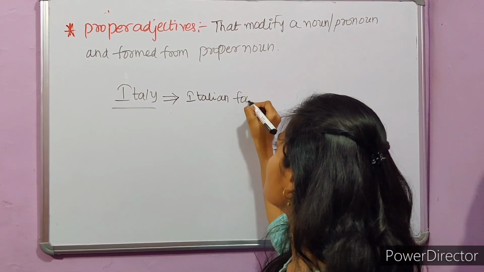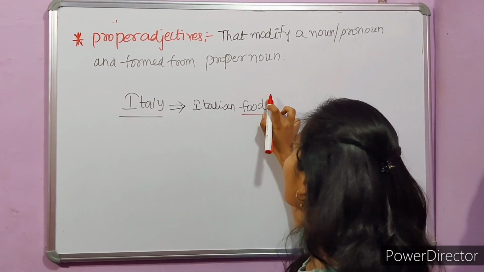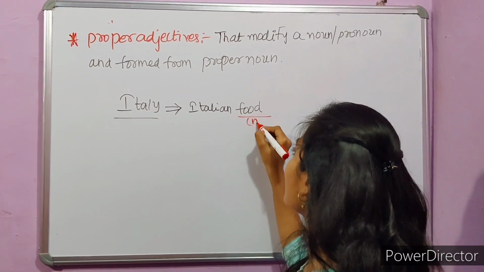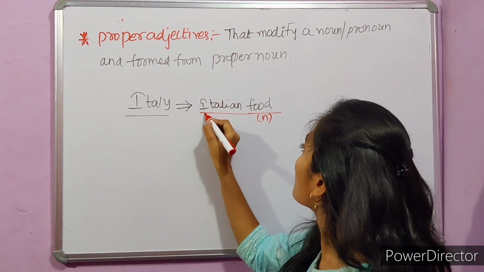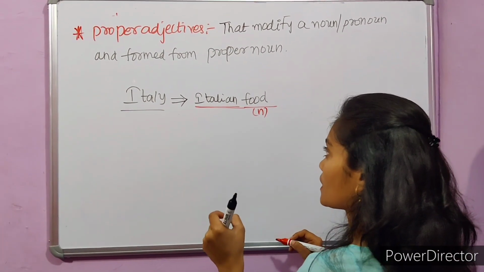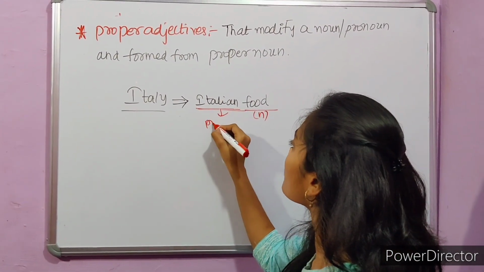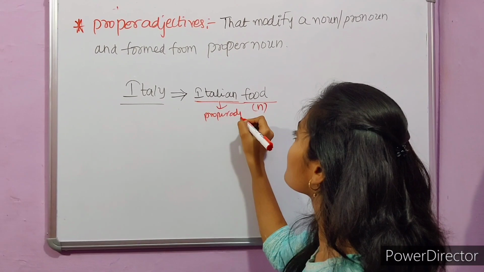Italian food. Food is a noun. The word Italian describes the noun food, and it is formed from a proper noun. So, it is a proper adjective.